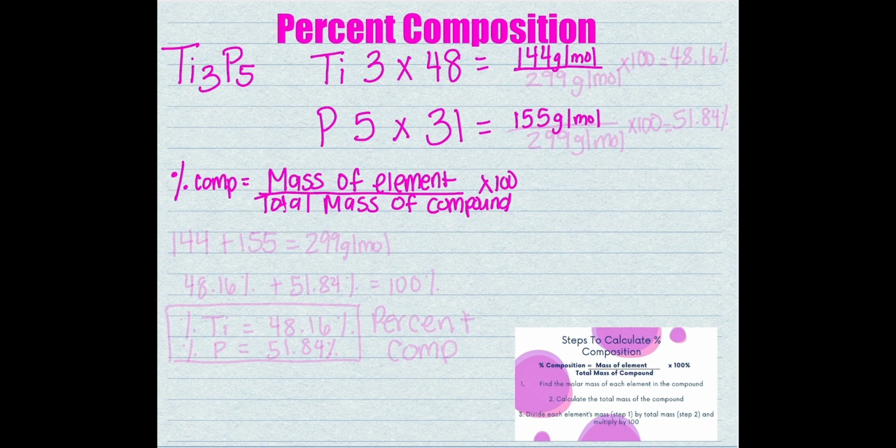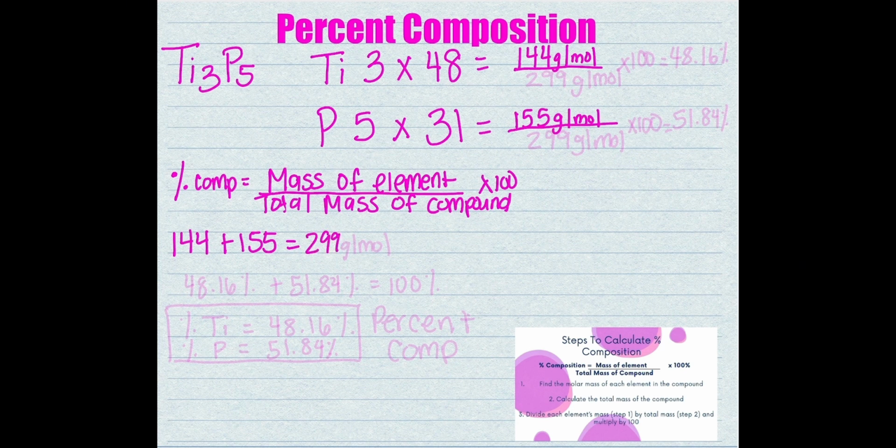Now I'm going to get my total mass of the compound. Now, in order to get your total mass of the compound, you are going to add 144 plus 155. So you're actually going to add up the mass of each element to get your total mass. So we're going to add 144 plus 155, which is 299.